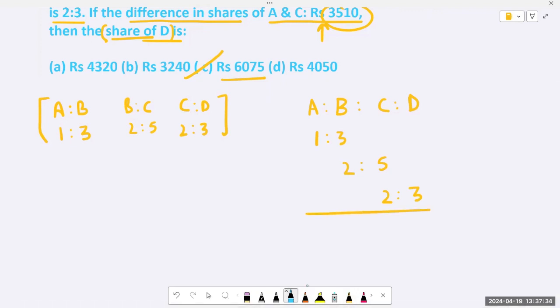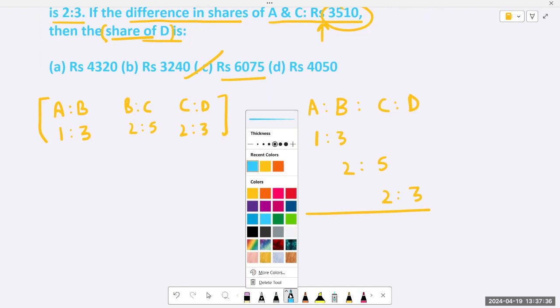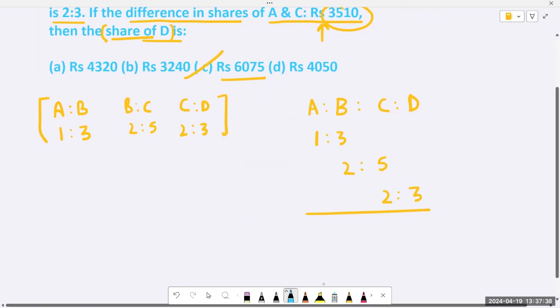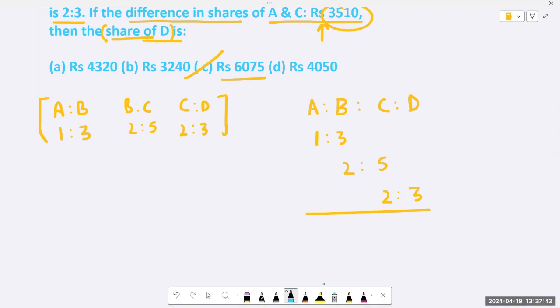Now what we'll do is write in these blank spaces the number that is present on this side. For example, in 1:3, we have two blank spaces here, so we'll write 3 and 3 because we have 3 here.